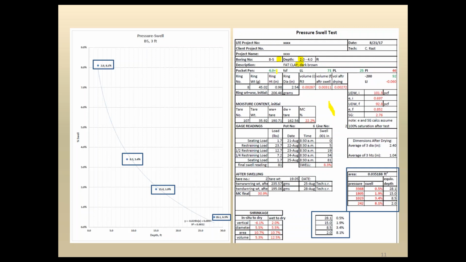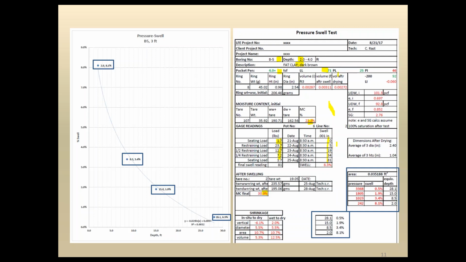We show here the pocket pen result, the liquid limit, the plastic limit, the PI, and we also show minus 200, and then the calculated liquidity index. It shows here the initial moisture content at the start of the test, and the moisture content down here at the end of the test. In this area here, you see the different loads that were applied, and the measured swell.